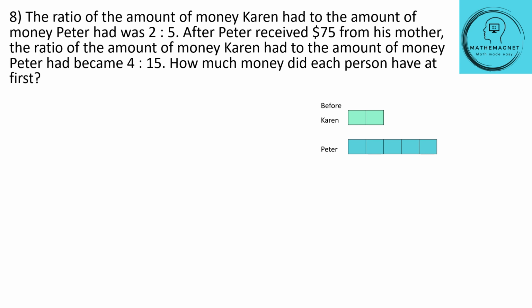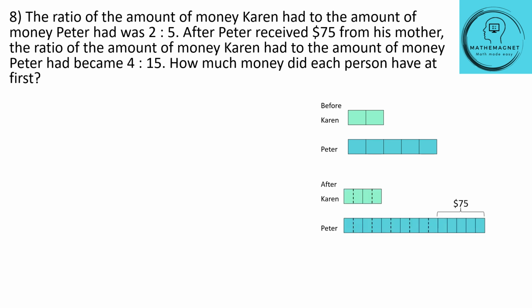Now what we need to keep in mind is the total value of this 2 units doesn't change, but instead of 2 we will split it into 4 units. So the after model will look such that each unit is split into half, so this becomes 4. Same way this was totally 5 units, now 5 units becomes 10 units.